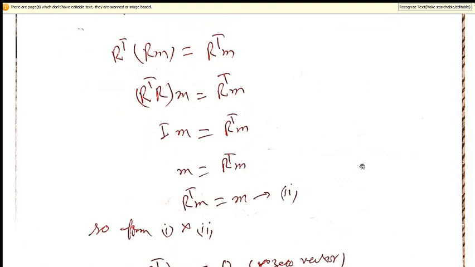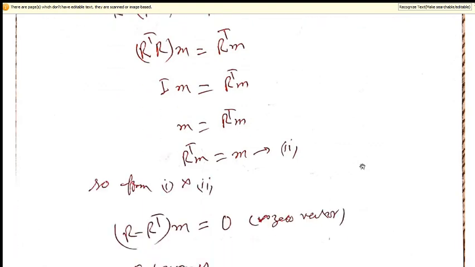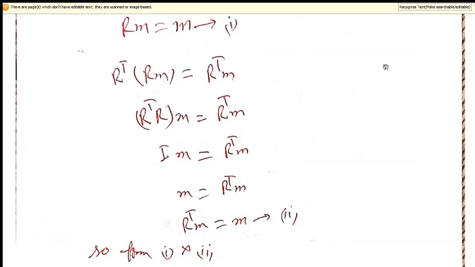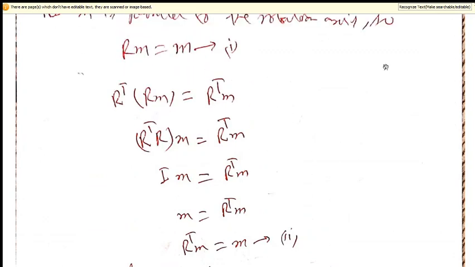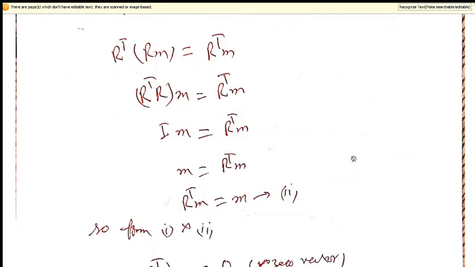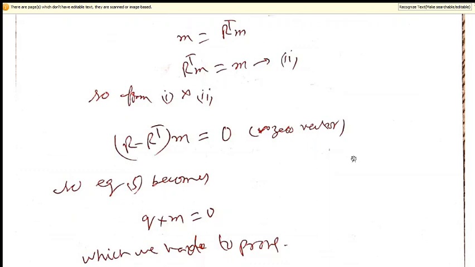So from 1 and 2 you can write R minus R^T M equals 0. So this is the zero vector.